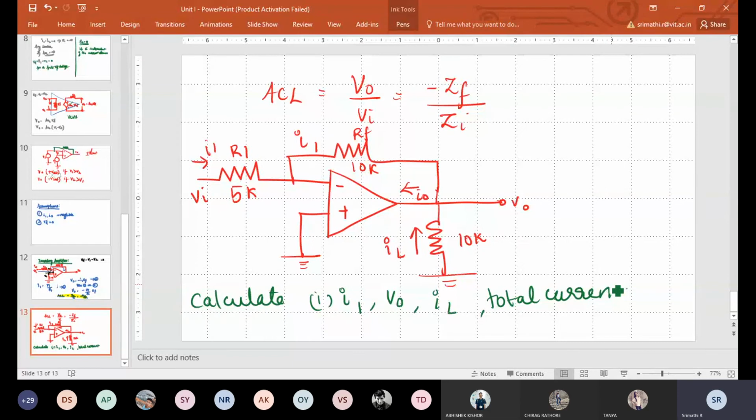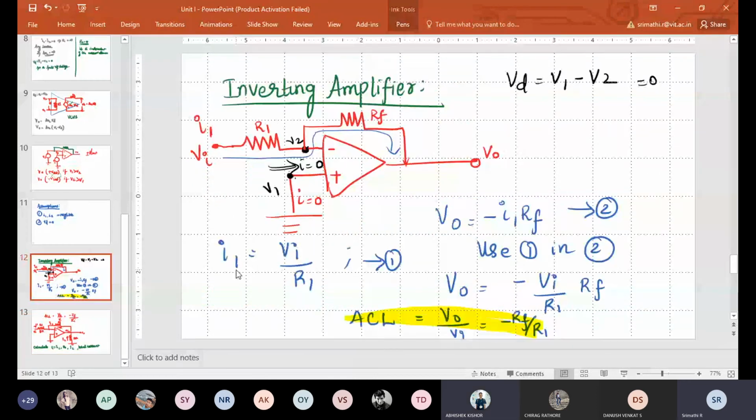How will you find I1? Tell me the formula for I1. What is I1?